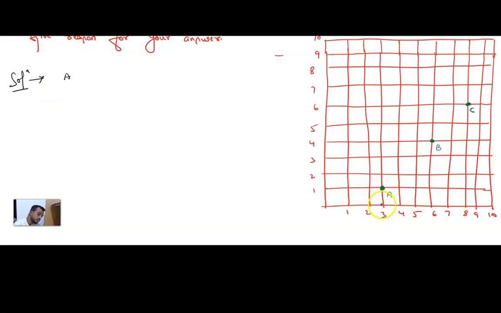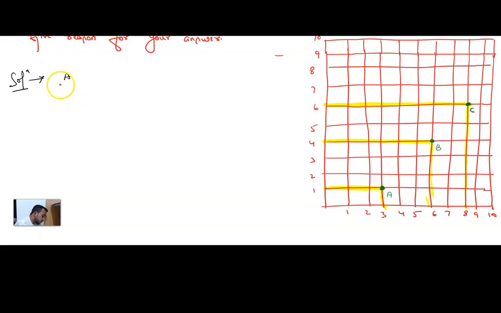Can you see the position of A here? It's this, right? So this is the position of A and this is the position of B. Actually they have given it in the problem itself, and this is the position of C, right?